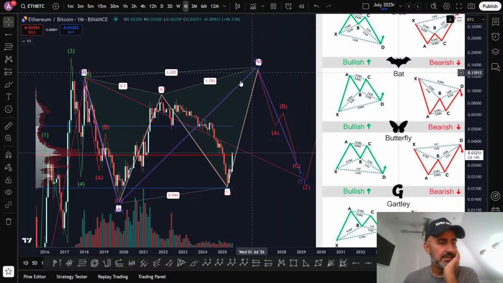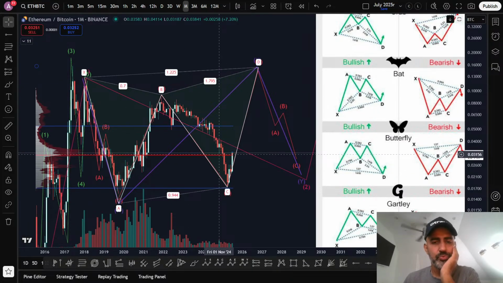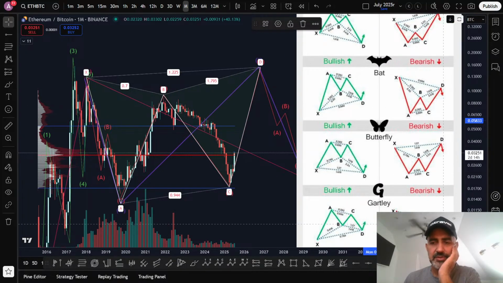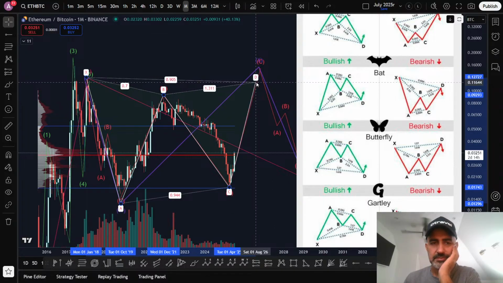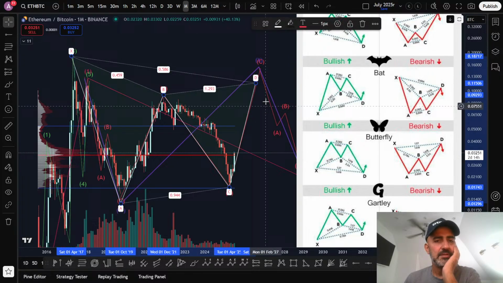See that? If D doesn't take it, then it could be more like that, which is a Gartley. It's a bearish Gartley. And then it'd be more like that.